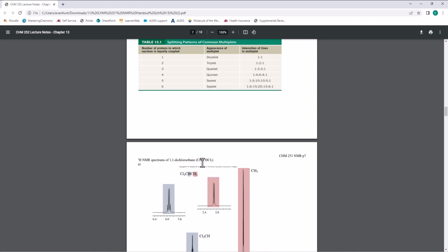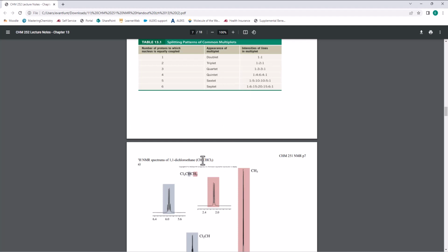If we look at CH3CHCl2, looking at this CH3, on the carbon next to it we have 1 proton. If we're vicinal to, or coupled to, 1 proton, we will experience a doublet, and the intensity of the lines would be a 1-to-1 ratio.